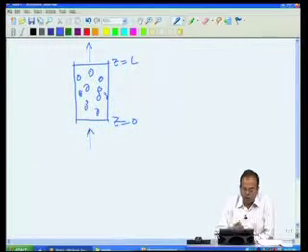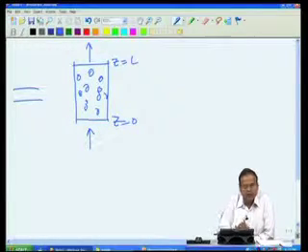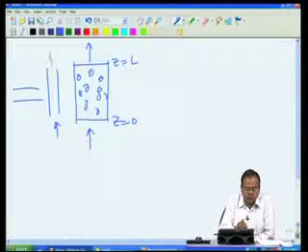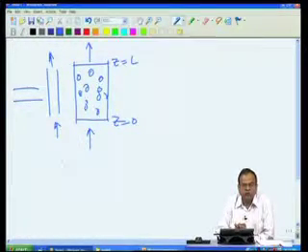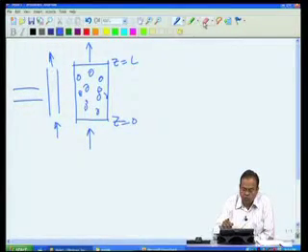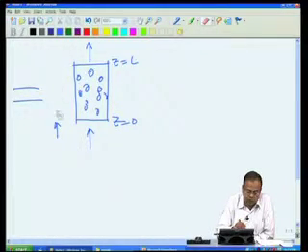Now, this also in some sense is a tubular reactor. Although in a tubular reactor we always show it like this, nothing prevents us from showing it in this particular manner. The orientation hardly matters. It is the kind of flow inside these reactors which is of concern to us.